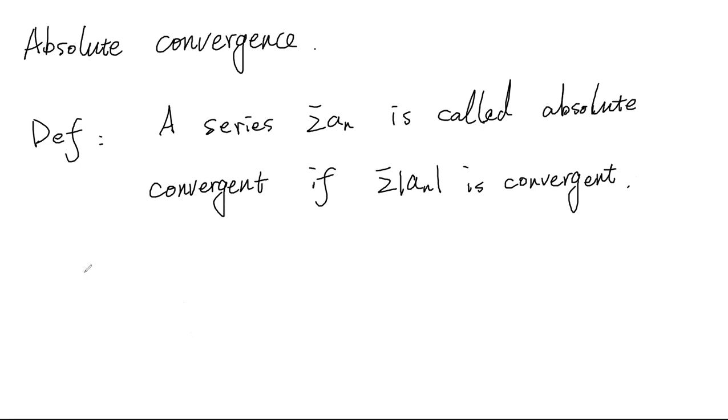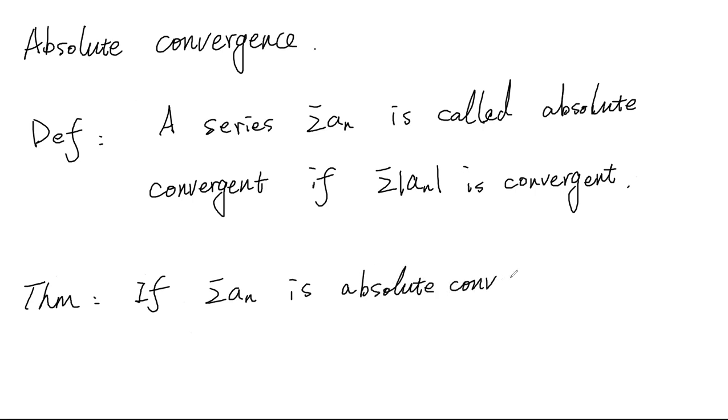And there is an immediate theorem for absolute convergence. If a series an is absolutely convergent, then it is convergent.